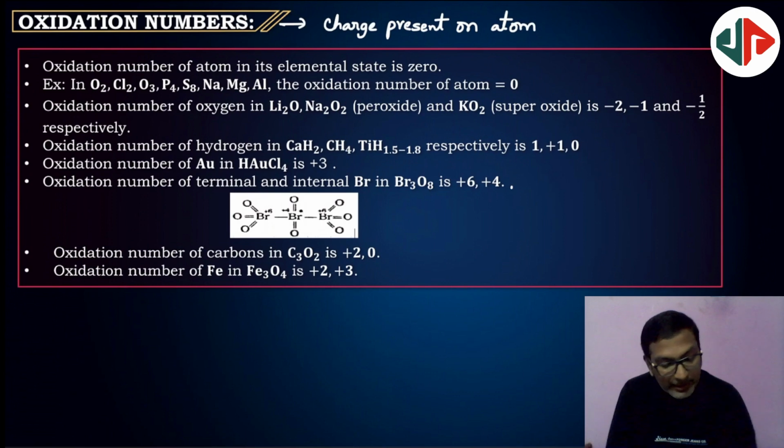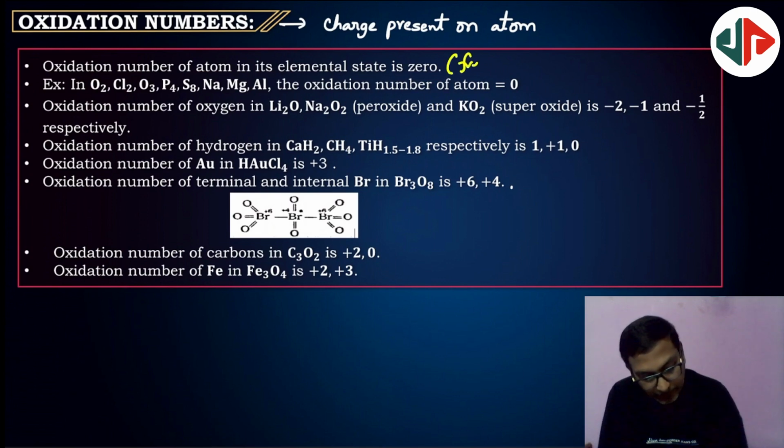So here are the rules to calculate oxidation state. The oxidation state of an atom in elementary state is 0. Elemental form means free state.